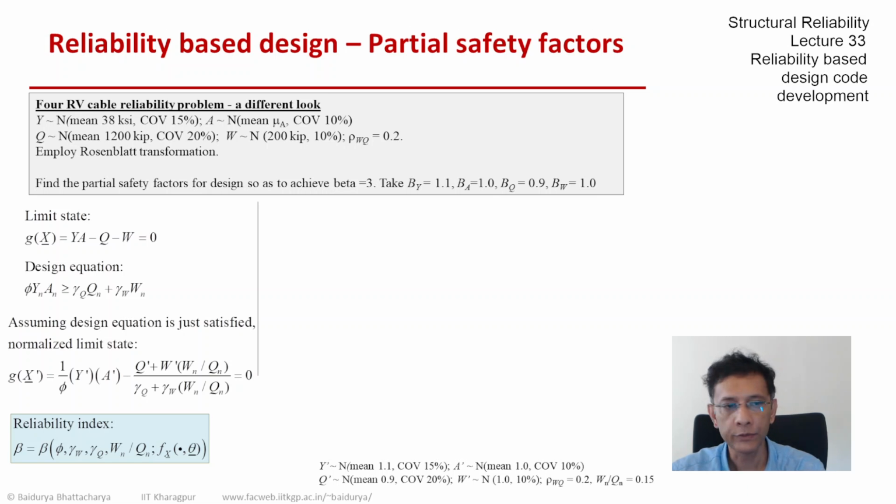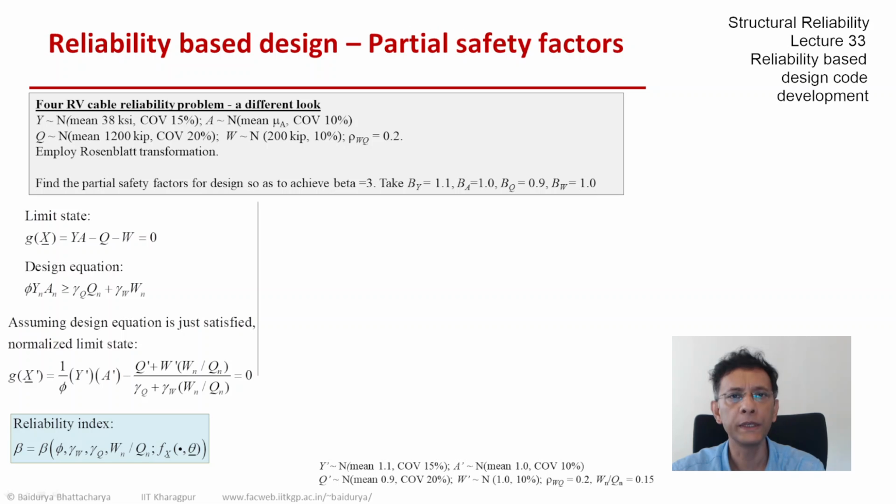All the X primes are defined on the right bottom corner that you see. Y prime is normal with mean 1.1, COV 15%, and so on. So the means are all the bias factors now. And we also have fixed the nominal load ratio Wn over Qn at 0.15.